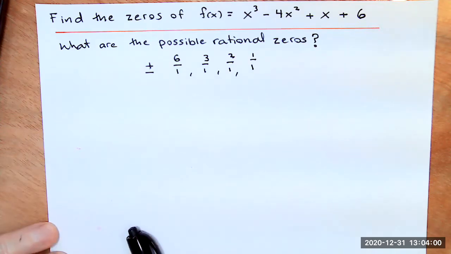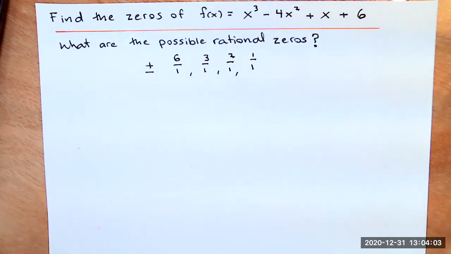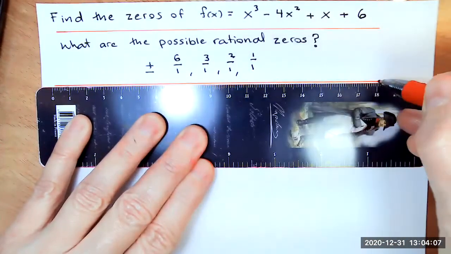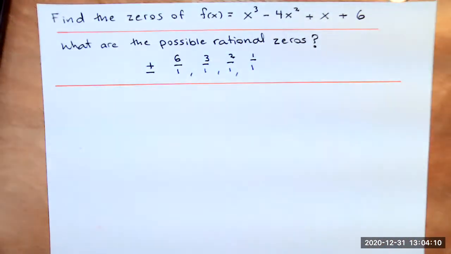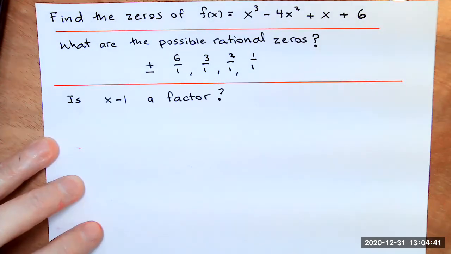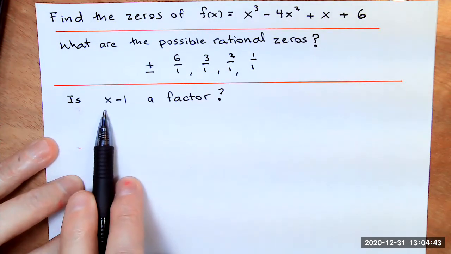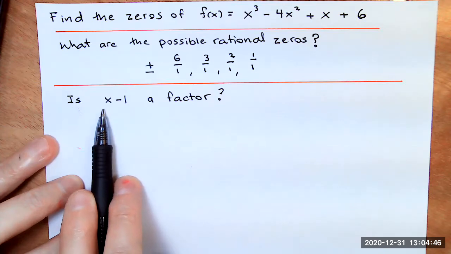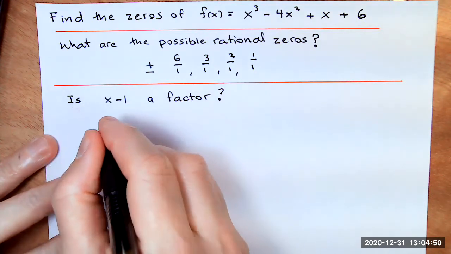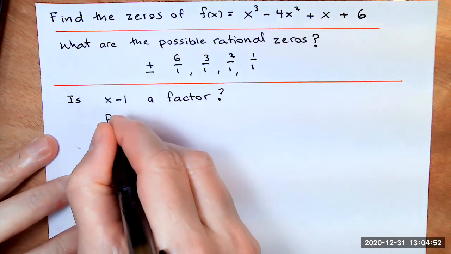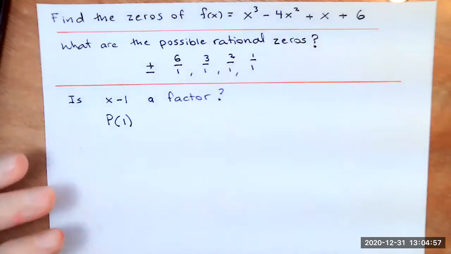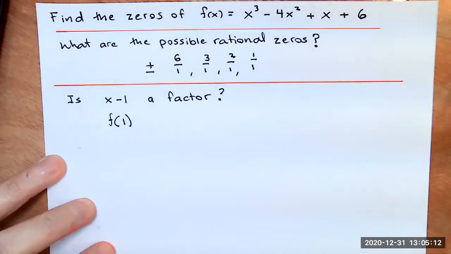Now, another way to test for zeros is using the zero factor theorem. So suppose we wanted to test whether x minus 1 was a factor. Well, if x minus 1 is a factor, then f of 1 will be equal to 0. Let me fix that.